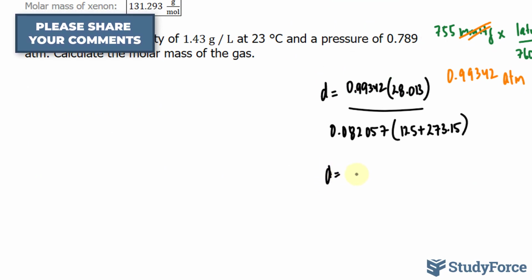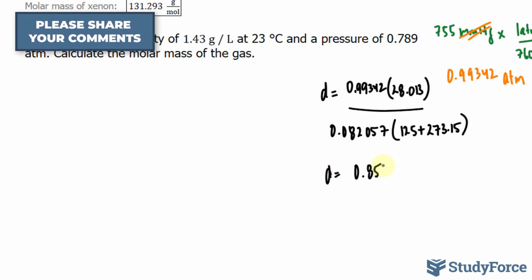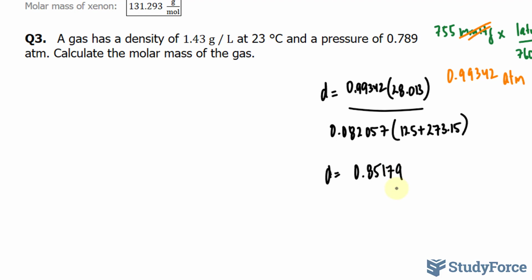Density is equal to 0.85179, and the units of density in our case are in grams per liter.